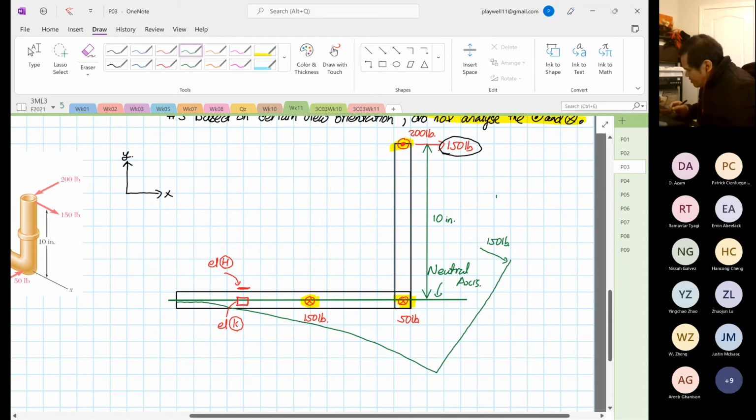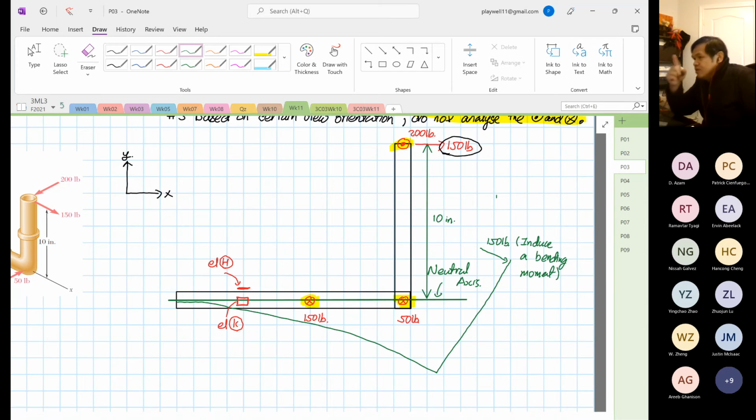So when it's deforming this way, it looks like a sad face or a smiling face, right? So this 150 will induce a bending moment. Then some of you might say, isn't it curious?